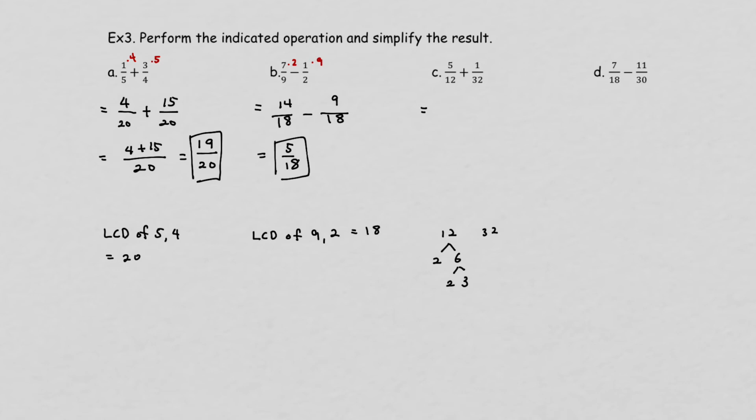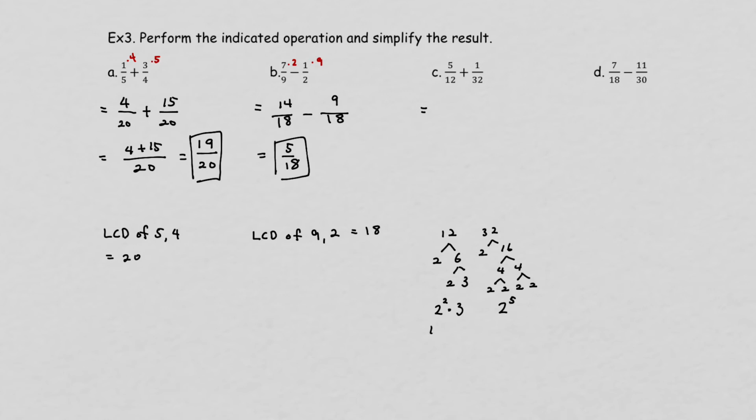So you could say 12 is 2 squared times 3. 32 is 2 times 16. 16 is 4 times 4. We know that 4 times 4, 4 has 2 and 2, right? So it looks like 32 is 2 to the 5th.